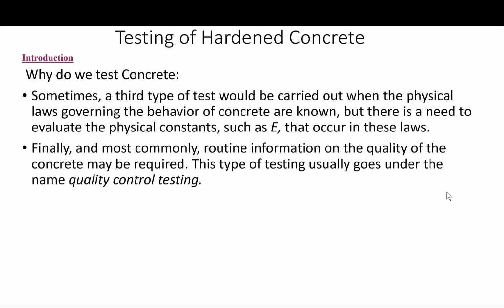Okay? Although the tests to be described in this part of the class are generally in the category of quality control tests, they are often used for the other three purposes mentioned just above. Okay?